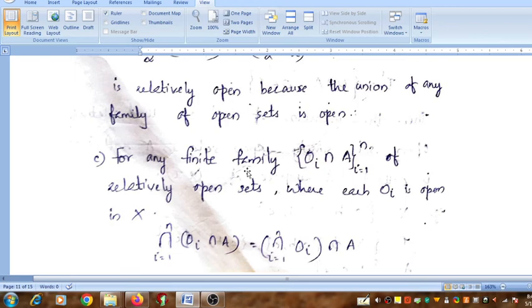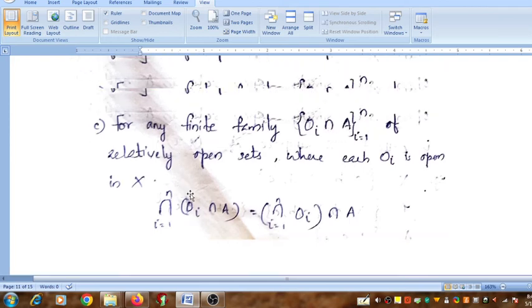As in the previous step, each member has the form Oi intersection A, where i varies from 1 to n, because we are choosing only a limited number of members of tau. Then we find its intersection.